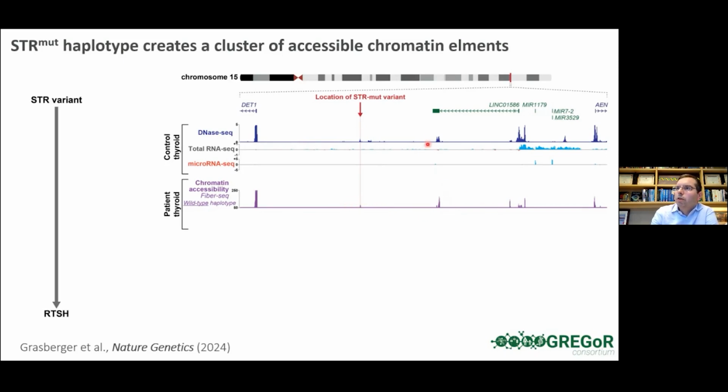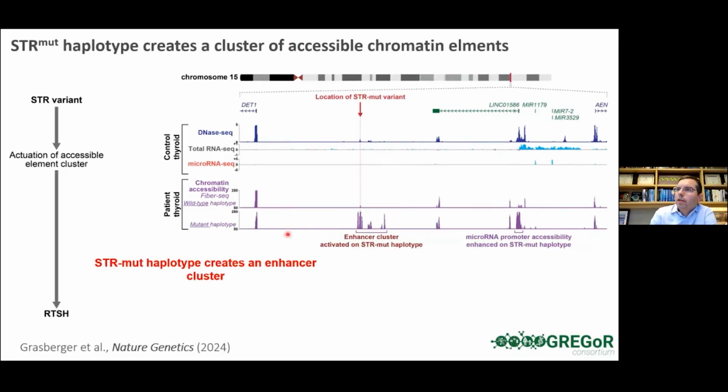It looks very similar, in our Fiber-seq data, to the existing DNase 1 data up here. However, if you look at the haplotype that contains the mutant, you can see there's a lot of interesting stuff going on. You have the generation of multiple regulatory architectures surrounding this specific variant.